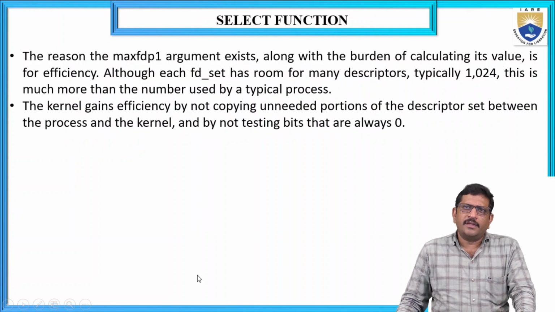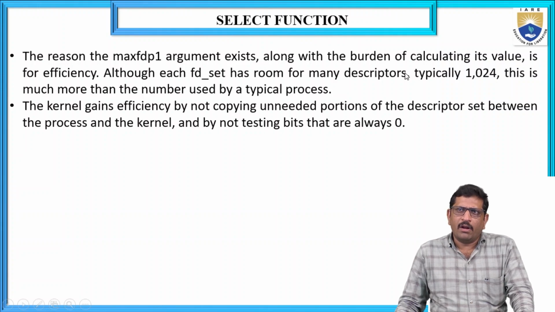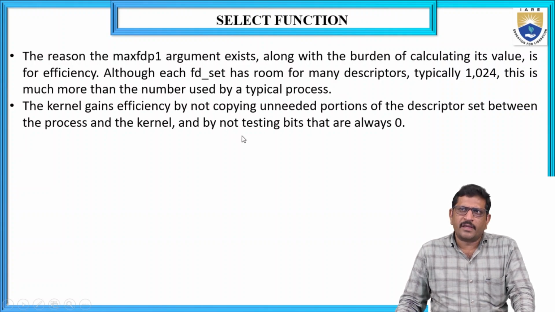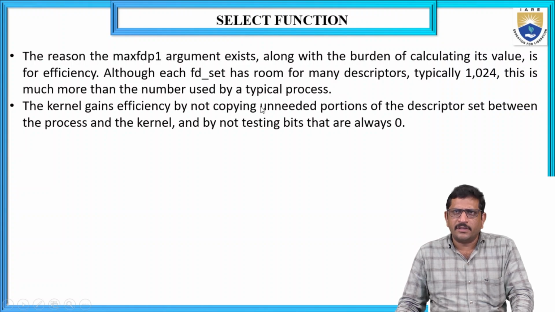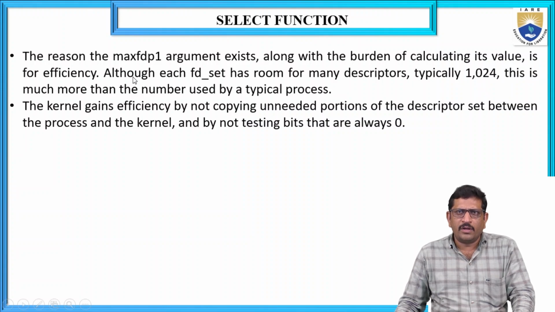That is the reason behind the maximum of the file descriptor arguments existing, along with calculating its values for efficiency. Although each file descriptor set has room for many descriptors, typically that is 1024. So this is much more than the number used by a typical process.